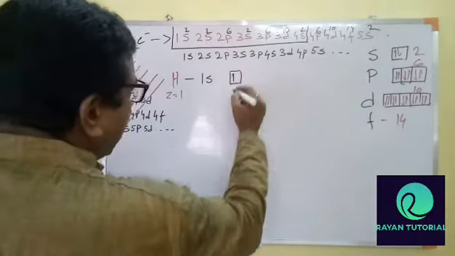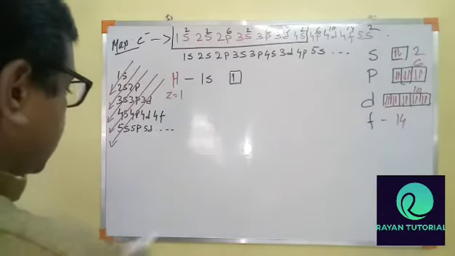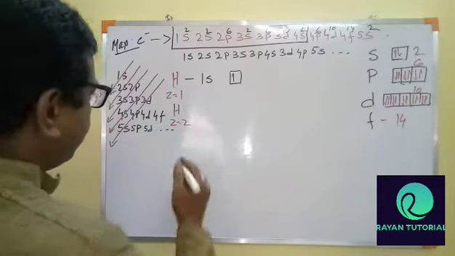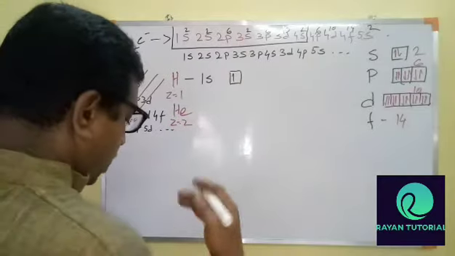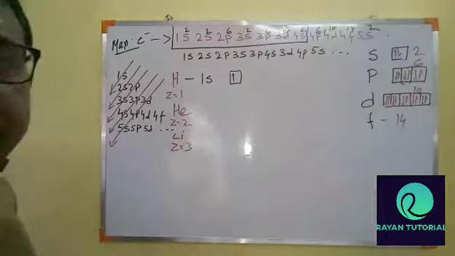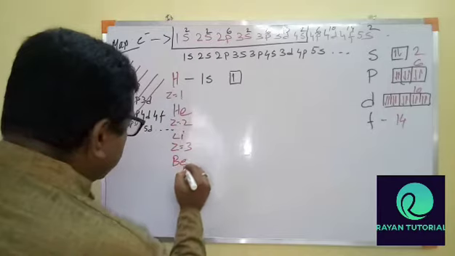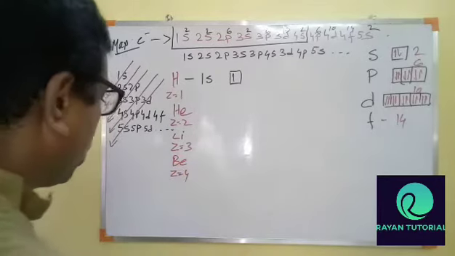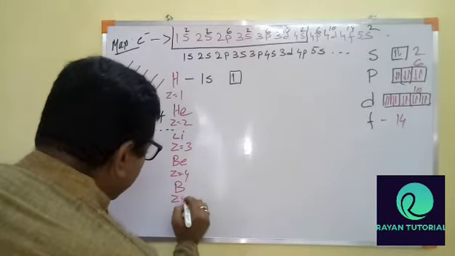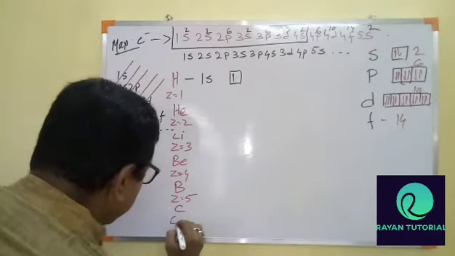You can either put it like this or reverse also. Clear? Okay. Then next comes helium, Z is 2. After helium, lithium, Z is 3. After lithium, beryllium is 4. After beryllium, boron, Z is 5. And then there is carbon, right? Carbon.